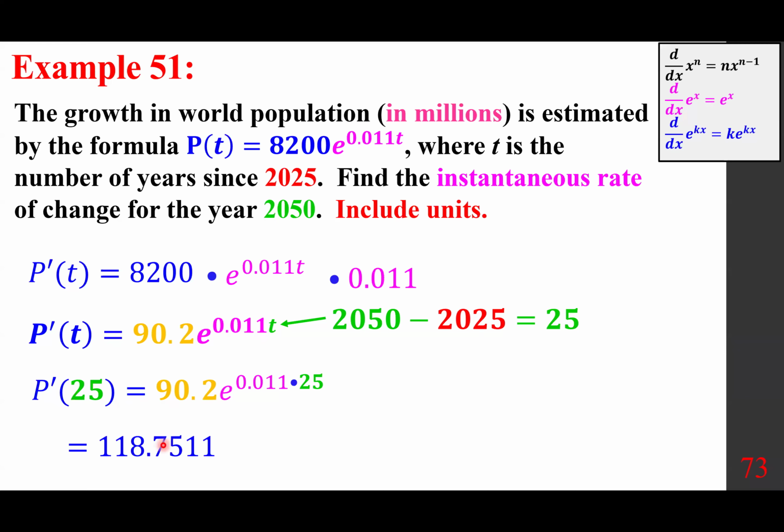And make sure you put a lot of decimals, 0.7511. And what does that mean? I want to make sure we understand p prime means dp dt. That means change in population over change in time. This represents change in population in millions, so millions of people per year.